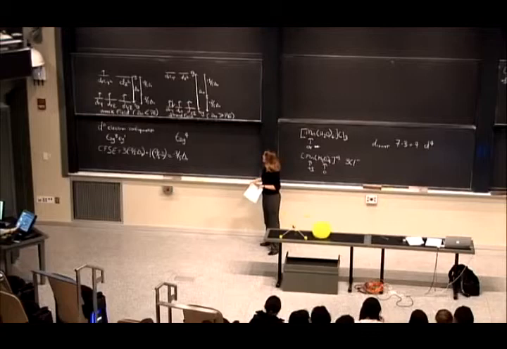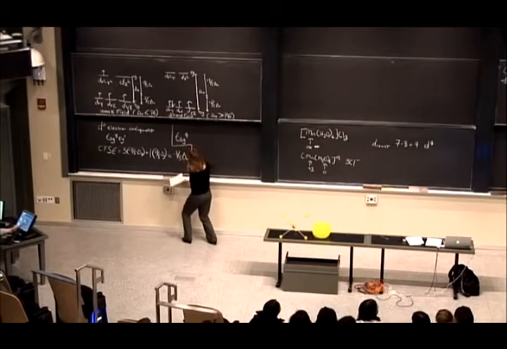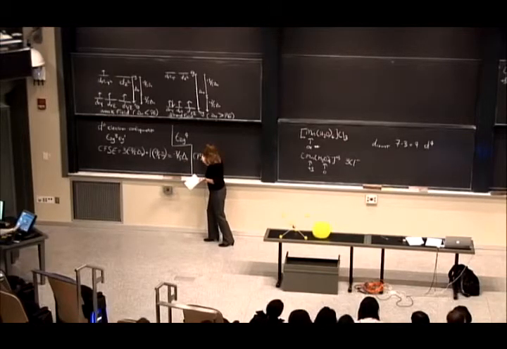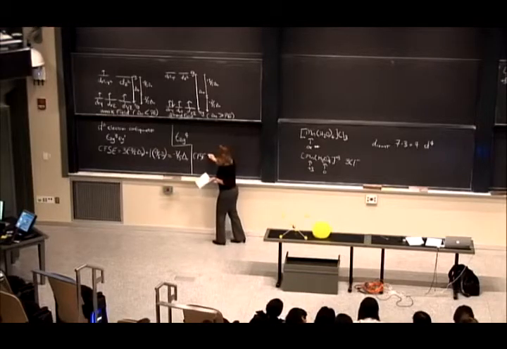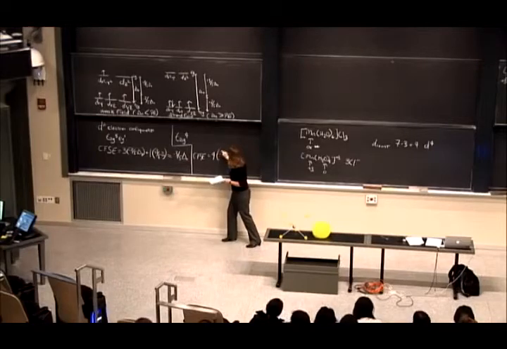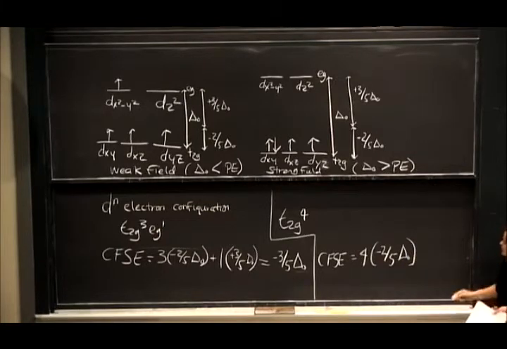Let's look at the low spin case, the strong field case, and do our crystal field stabilization energy for that. So in this case, we're going to have 4 electrons times minus 2/5 times the octahedral crystal field splitting energy.